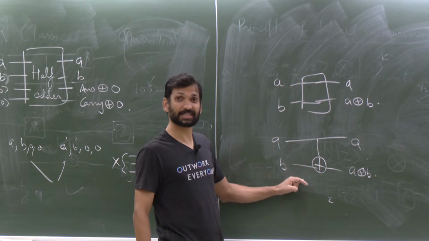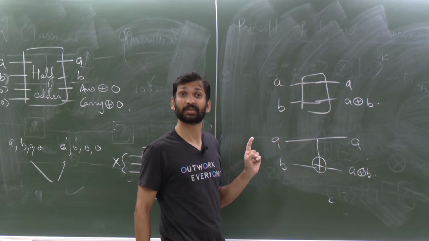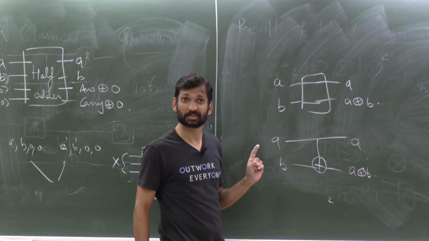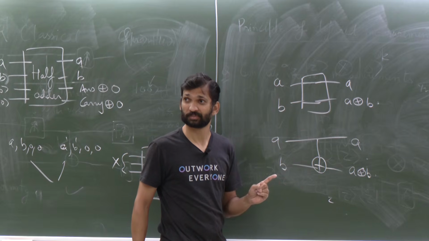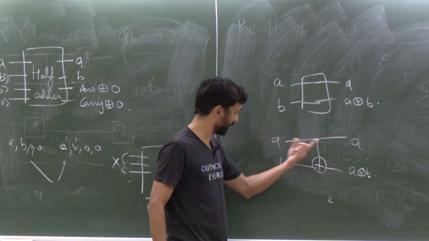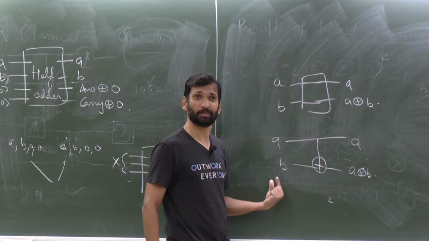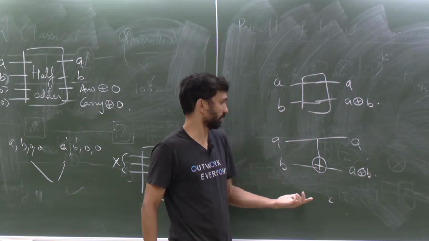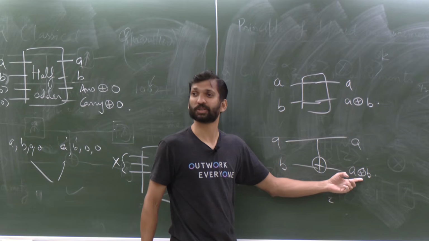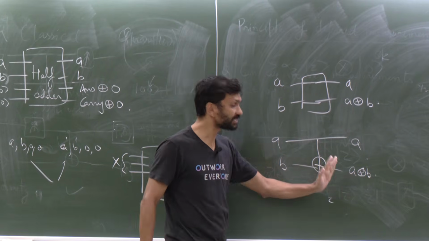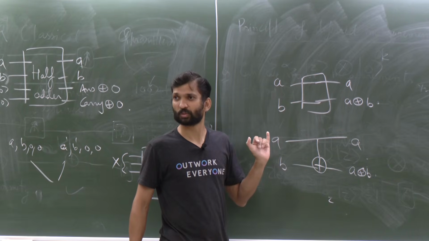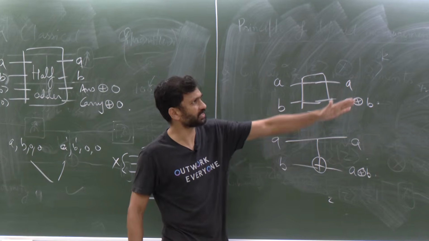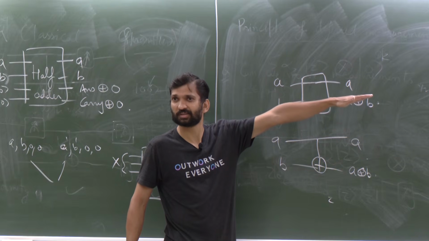Notice when I write this, A and B are classical bits. This is not for quantum. When I write this description, A and B are classical bits, because if A and B are quantum, I don't know what this operation means anyway. But using this, I can make a meaning of what happens if these two are quantum things. But I don't care. In this case, I want to add just two classical things.